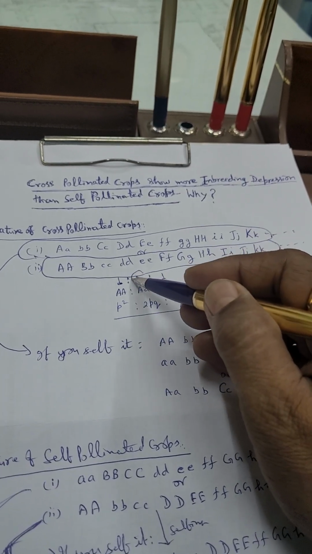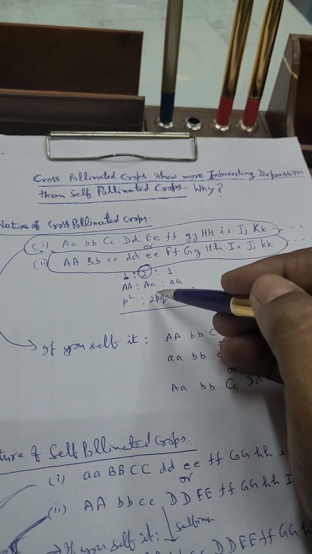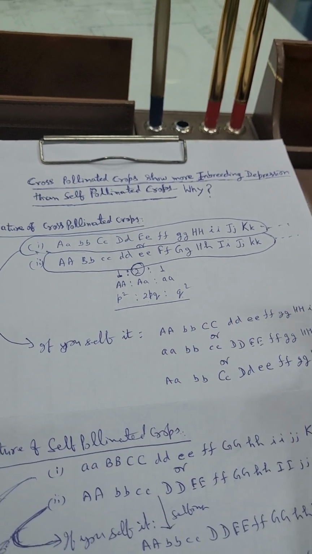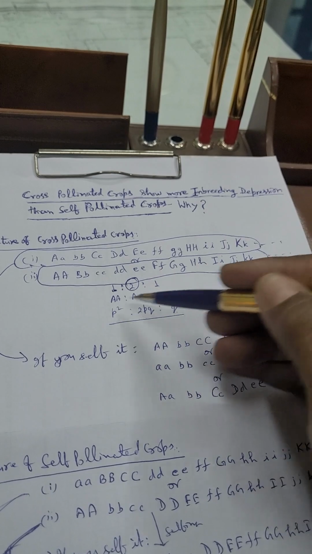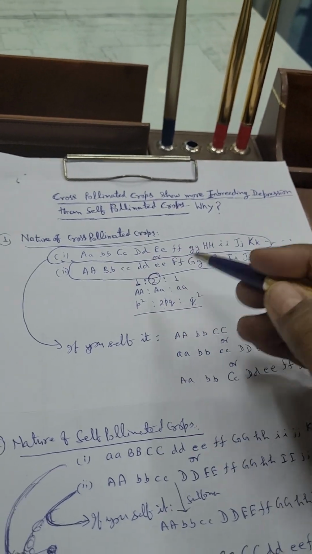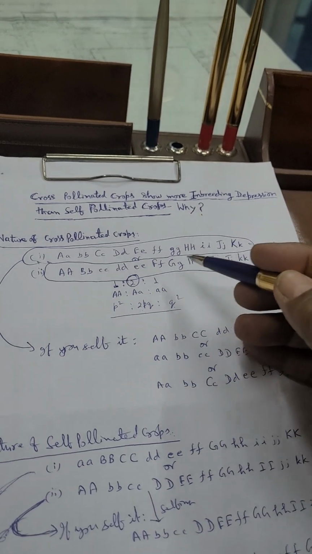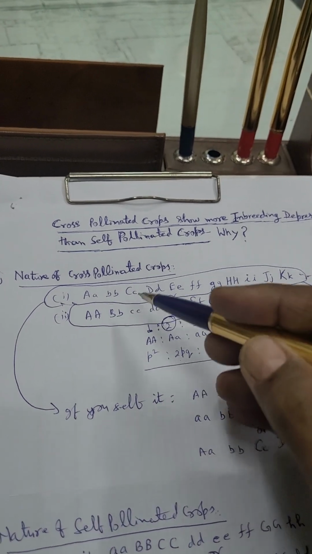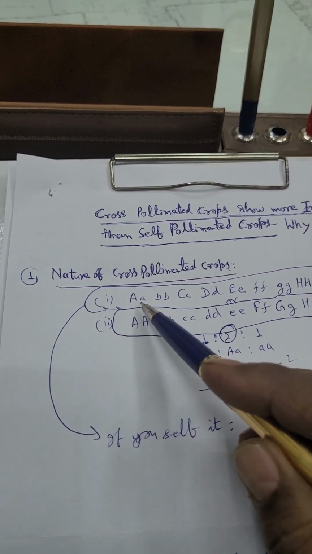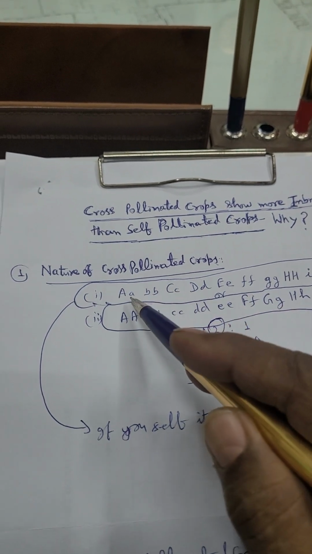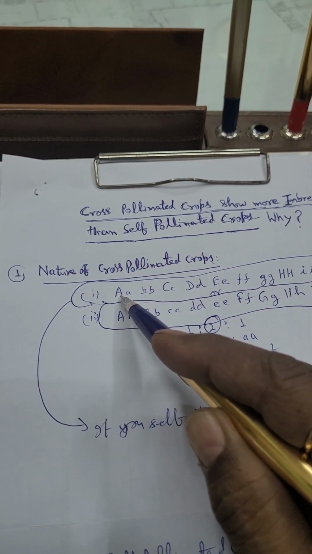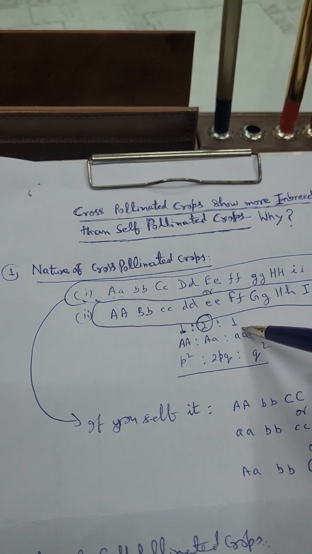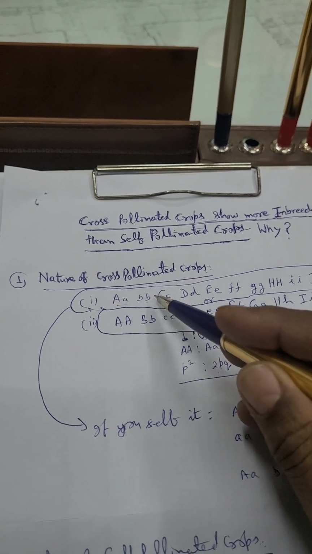That is why we say capital A, small a, p square, q square, 2pq. We call these types of genotypes heterozygous genotypes. Now I'm putting a hypothetical example for different types of genes. For example, on this locus, capital A, small a. Small b can also be present, as you see, 1:2:1.